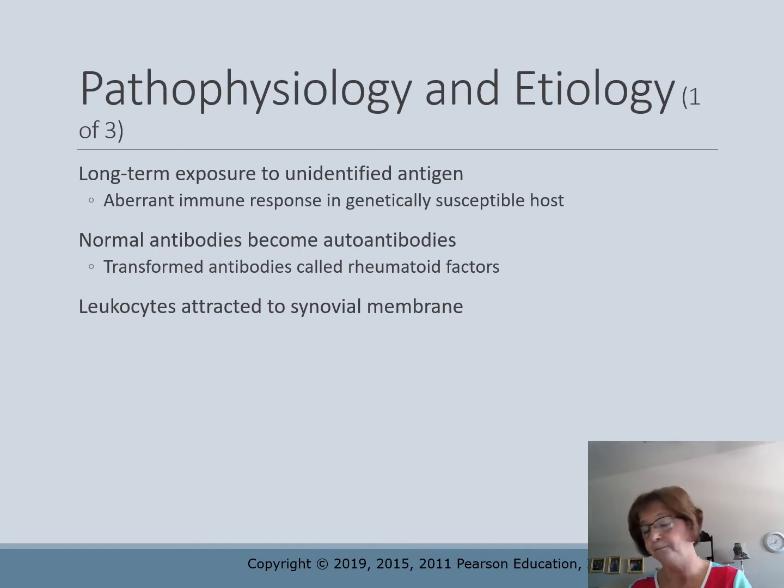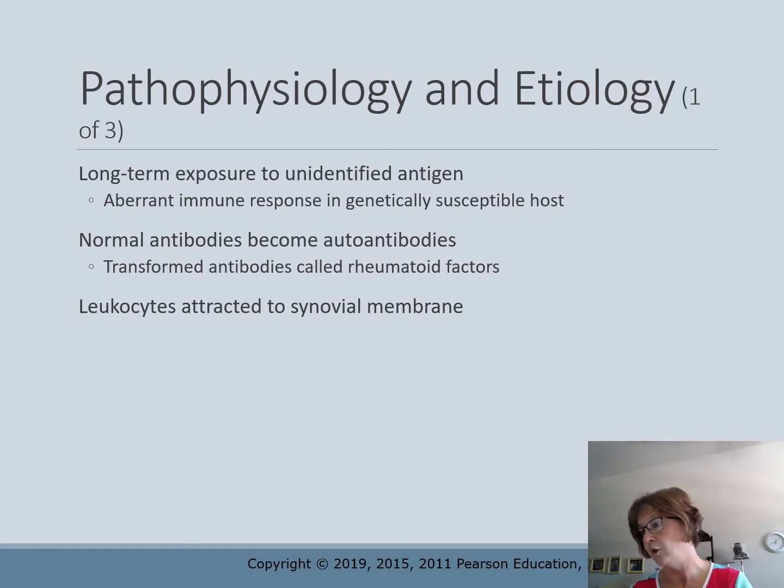Our patho is long-term exposure to an unidentified antigen is believed to cause an aberrant immune response in a patient who is genetically susceptible. So there may be a genetic link here. As a result, normal antibodies, your immunoglobulins, as we talked about in hypersensitivity, become auto-antibodies and attack the host tissue.